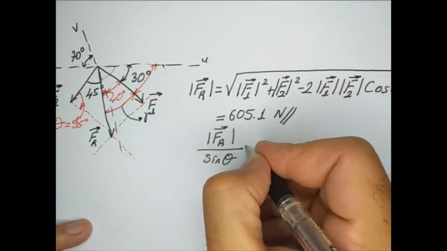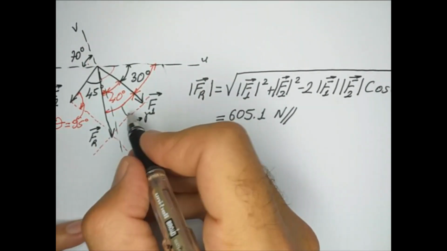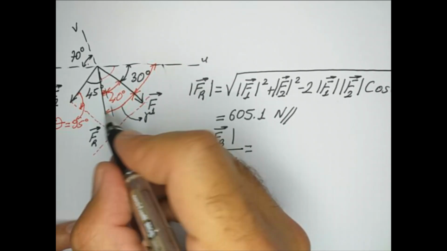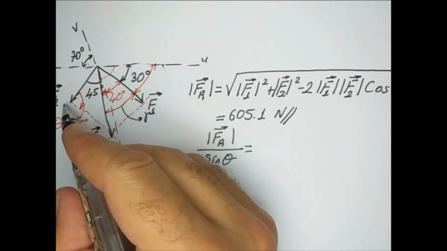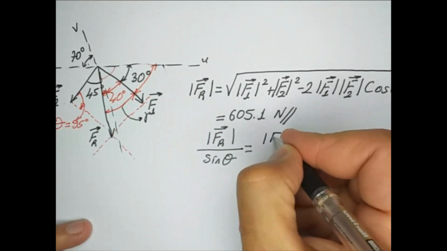So the magnitude of F2 divided by sine gamma.